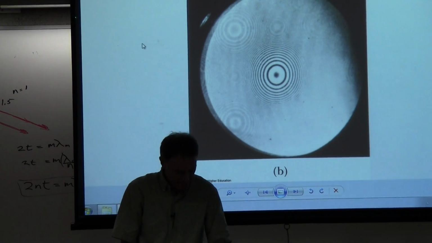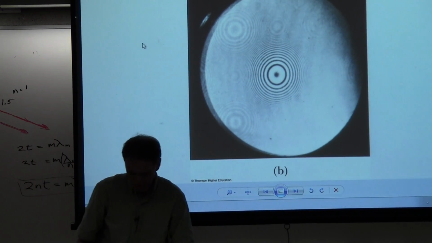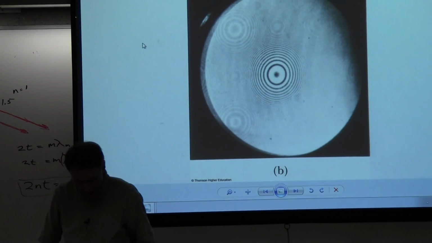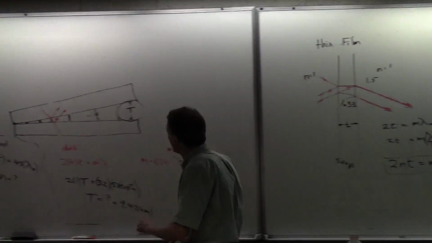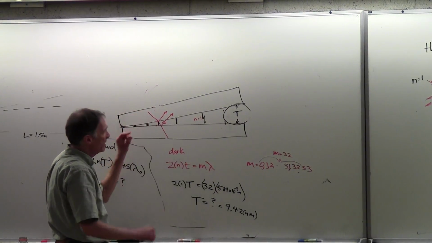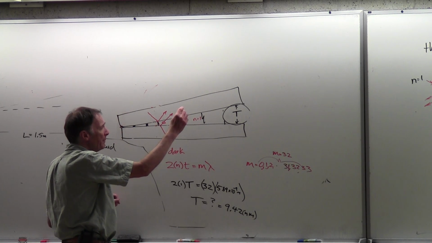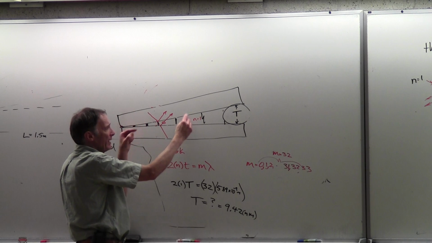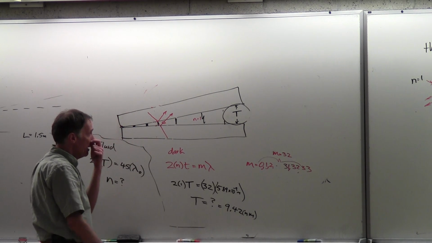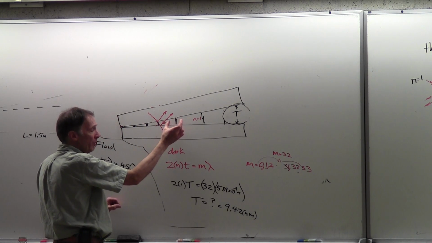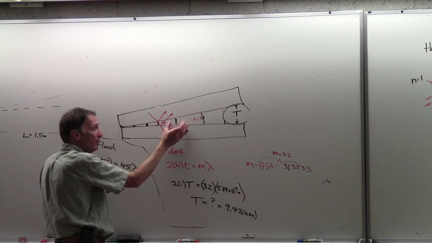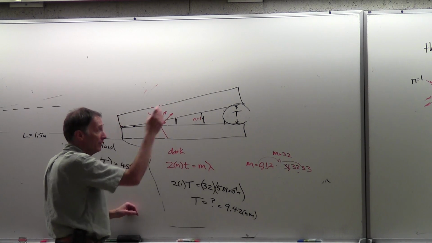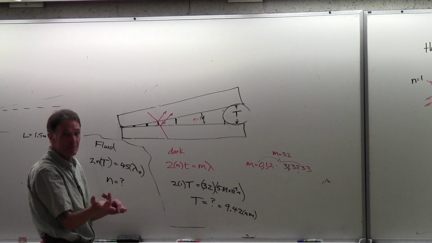So for that one, we just assume that the fluid index of refraction is lower than the glass. Good point. For right now, I first did it with air. It would be kind of the same setup if this index of refraction was less than the glass. What if the index of refraction of the fluid is greater than air, and let's say greater than glass?